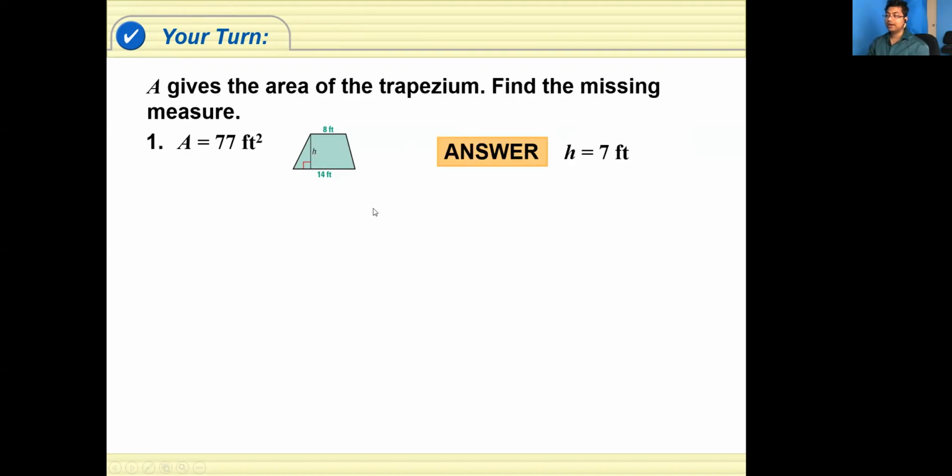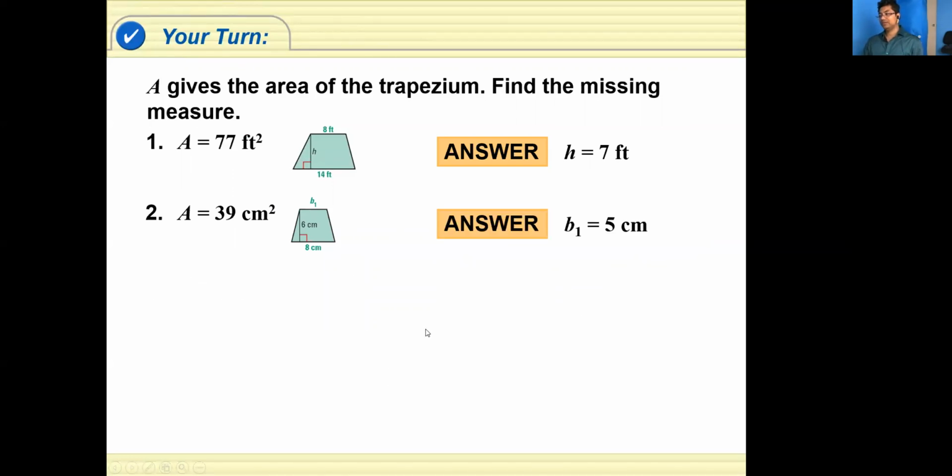So you need to figure out the height. I can give you the answer, but you need to work it out. Anyone did it? Half times height times 8 plus 14 equals 77. Good, very good, excellent. So what about this? You need to work out the same thing, another base, 5.